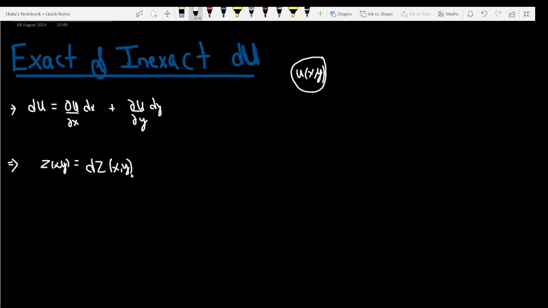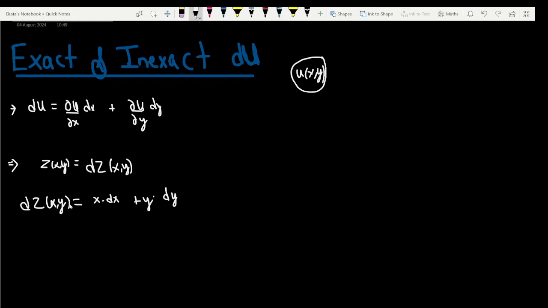Okay. So what is the meaning of exact and inexact, I am telling. If there is any type of differential, let's imagine I have taken dz(x, y) as, let's say, x dx plus y dy. So I have imagined that this is any type of particular differential.